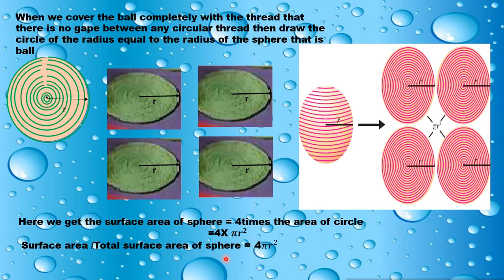In the case of sphere, we consider total surface area, not curved surface area, as we observe in spherical objects like a ball or bubble or lemon or orange. There is only one surface, so in the case of sphere, there is total surface area only.